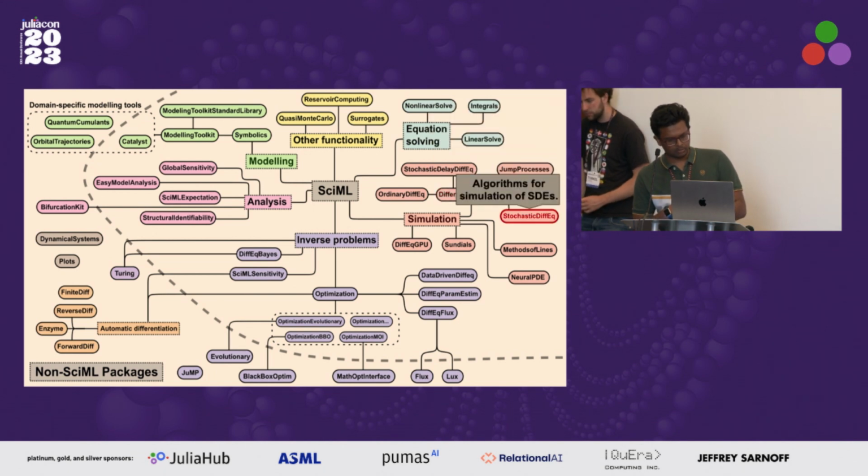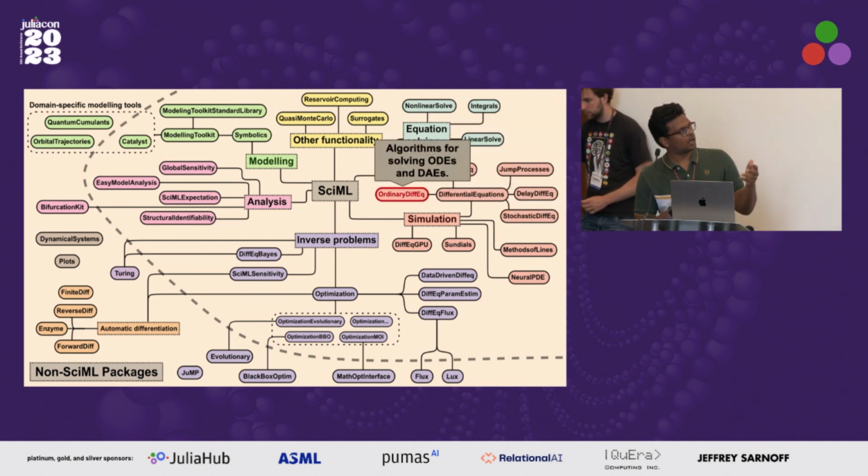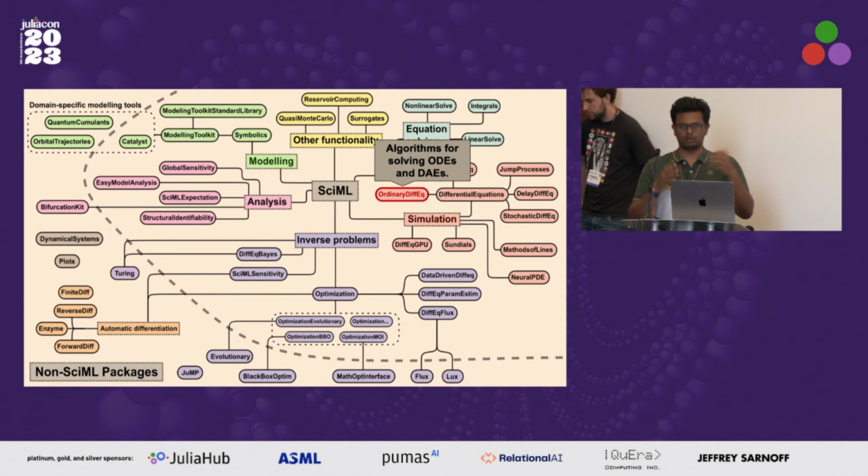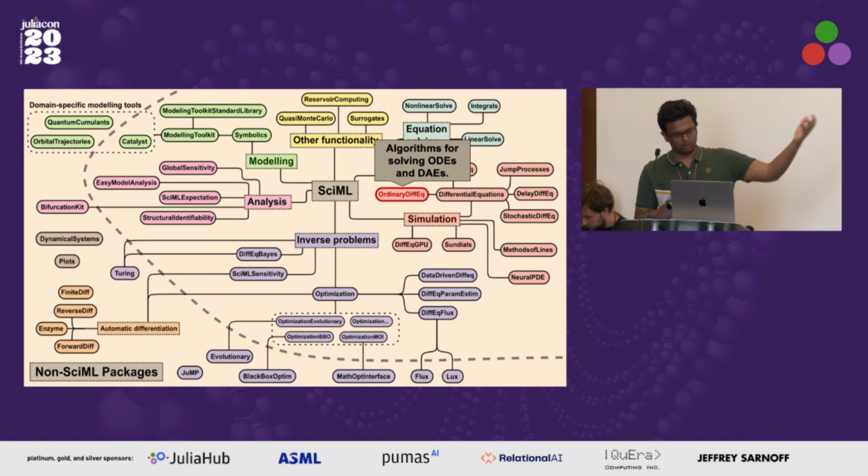But let's say you want more fine-grained control, and you now know about ODEs, and you know whether it's a stiff ODE or a non-stiff ODE. You can use OrdinaryDiffEq to solve ordinary differential equations and differential algebraic equations, which have a lot of algebraic constraints in the mass matrix form.